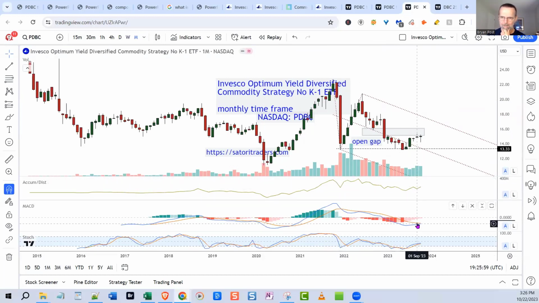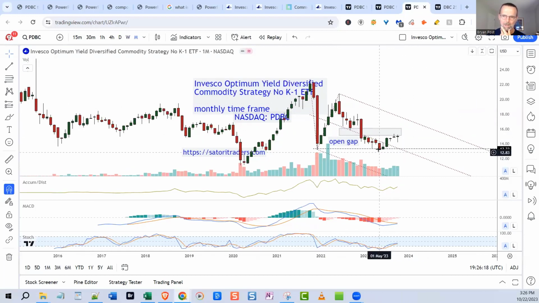So MACD in bear mode in this time frame, suggesting that the primary trend is to the downside. And of course, in this time frame, our Andrews pitchfork is downward sloping, which is suggestive of a downtrend as well.